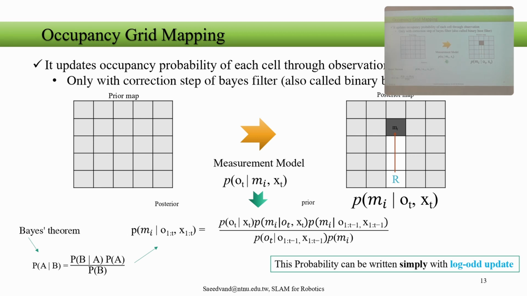How can that be applied? Let's have a look. If you want the probability of Mi given the observation and poses, we can apply the Bayes theorem on this measurement model. Then we have this big term here.